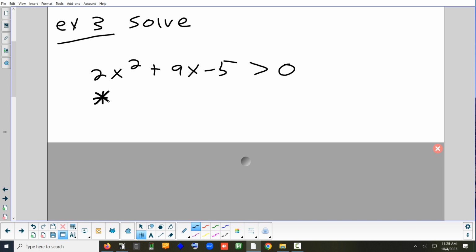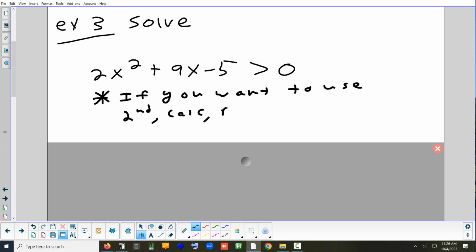You don't have to. You can do a y1 and a y2 and do an intersect. That's what we did on the last problem. But if you want to use second calc 0, you have to get 0 on one side.